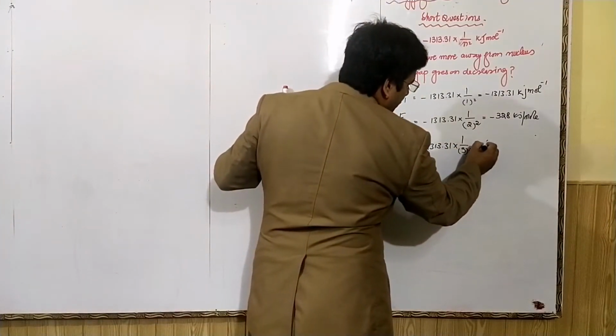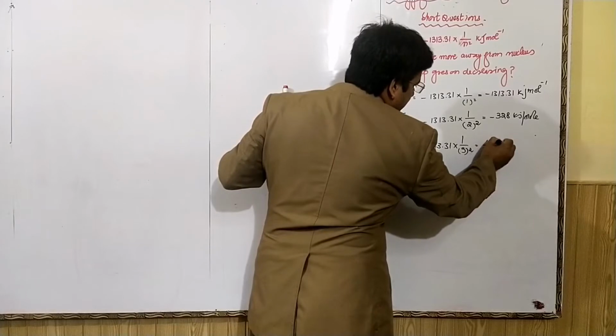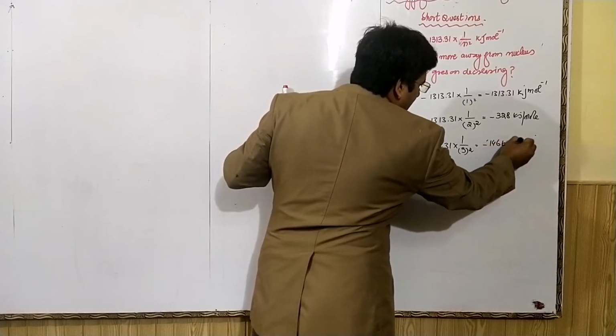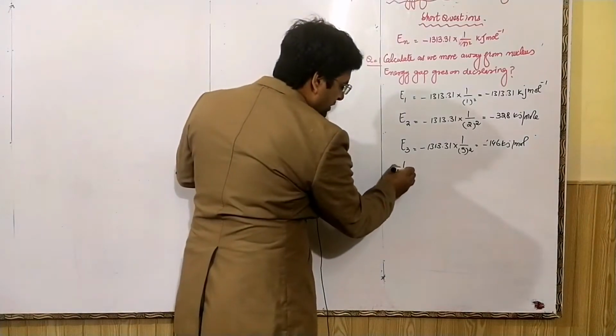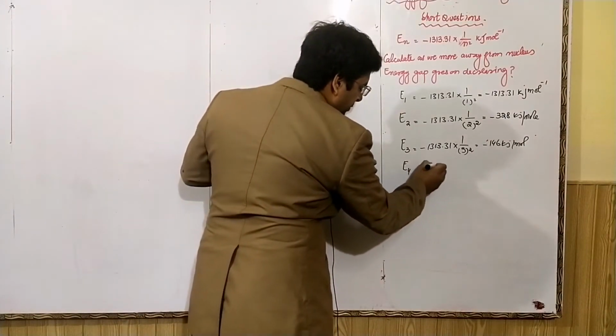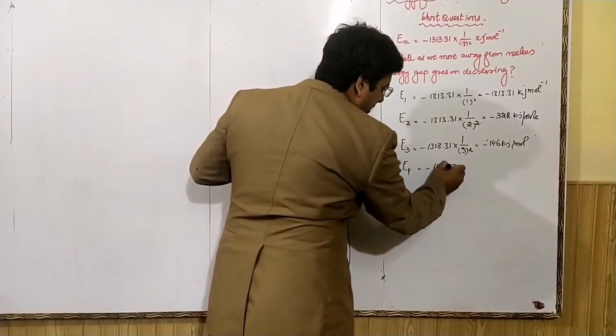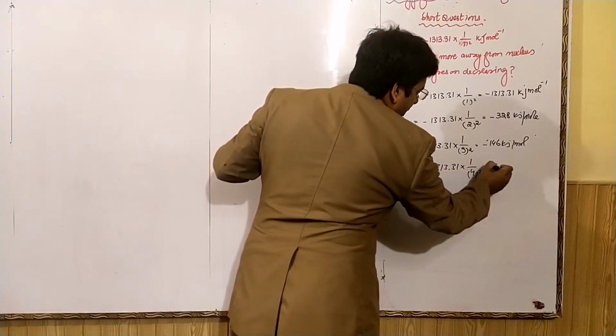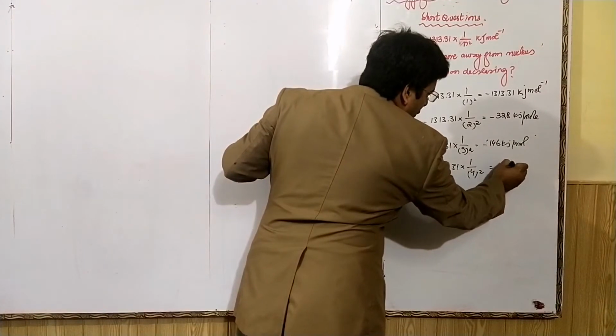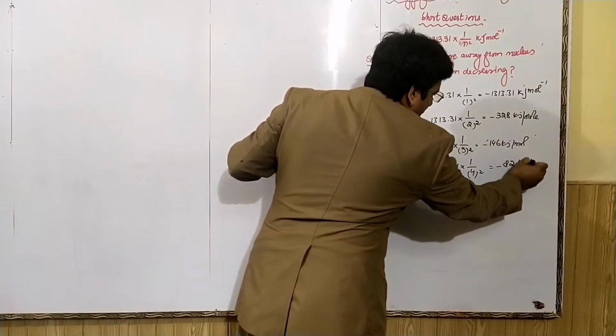That will be equal to minus 146 kilojoule per mole. The energy of fourth shell would be minus 13.31 into 1 over 4 square. That will be equal to minus 82 kilojoule per mole.